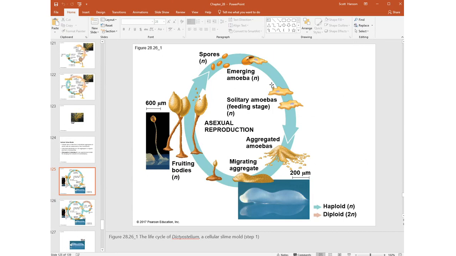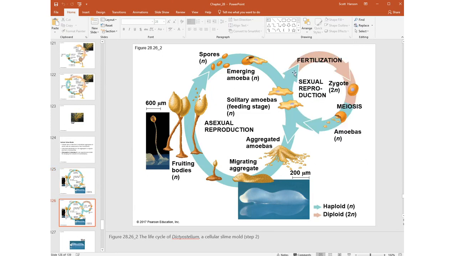And then so there's the asexually reproducing cycle that's haploid or N, and then there's also the two of these amoebae could join together and fertilize each other and produce a diploid zygote then.